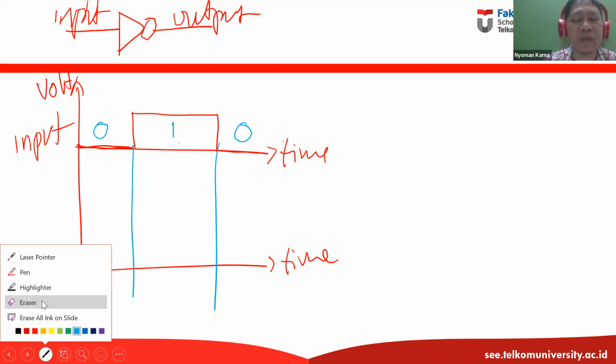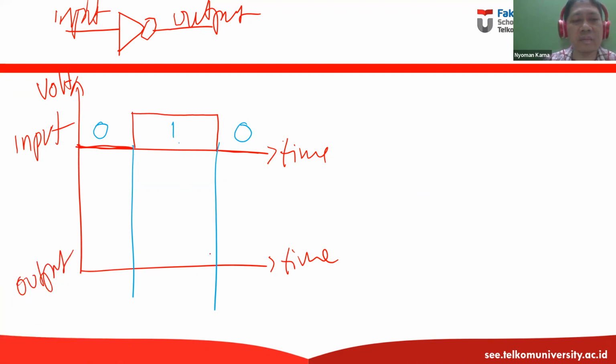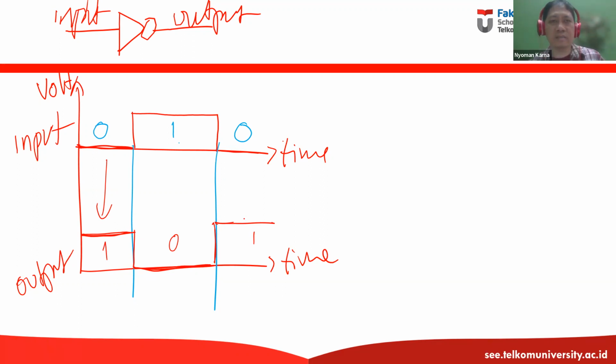So based on this value of the input, if the input is 0, the output will become 1. And when the input is 1, the output will become 0. And when the input is 0, the output will become 1. So the output signal is something like this.